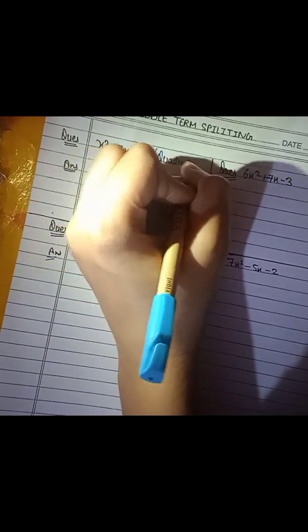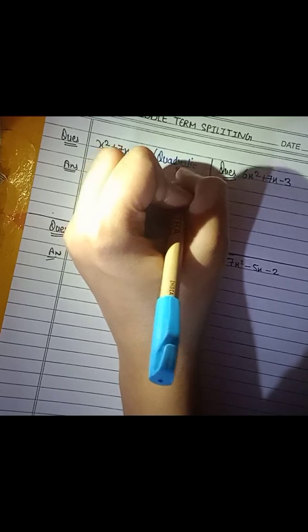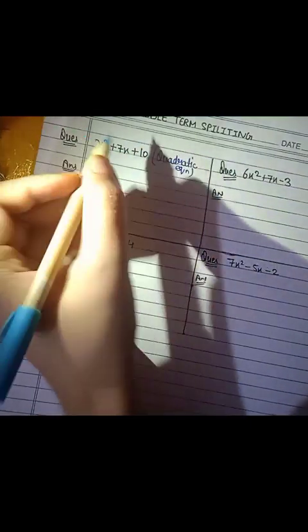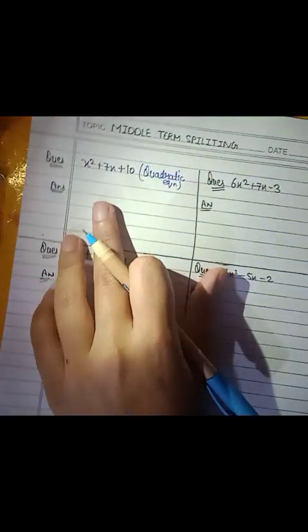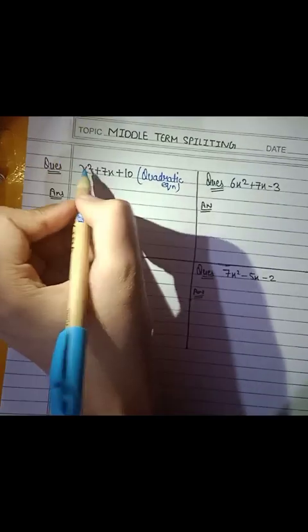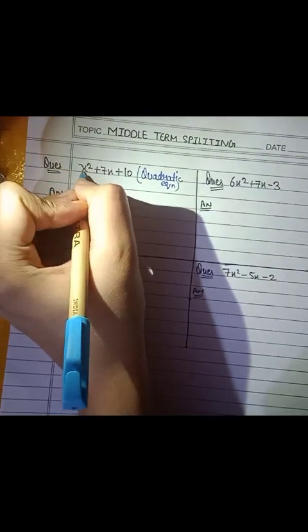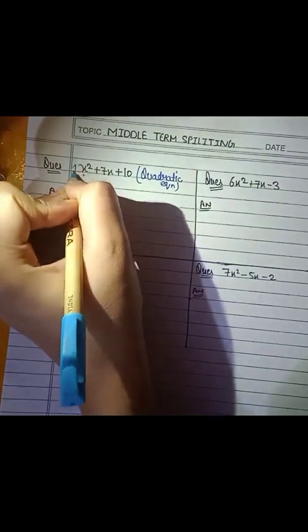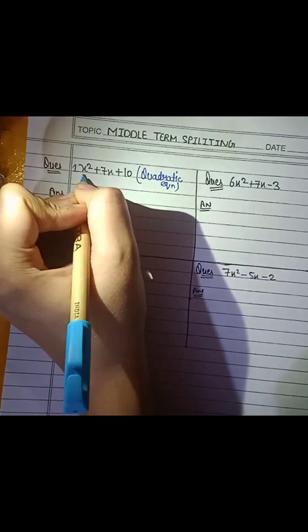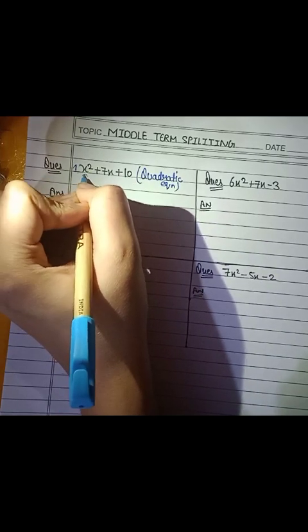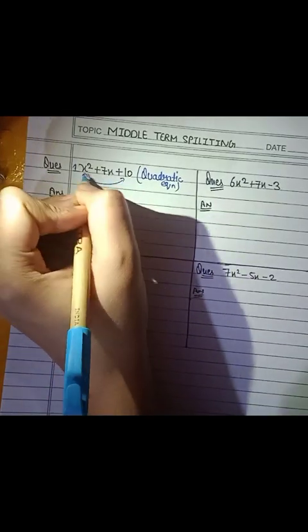First we will multiply the coefficient of x square and the last digit, which we know as c. Now factorize the number to form a pair which, when we multiply, gives that number, and when we add or subtract, gives the middle number.